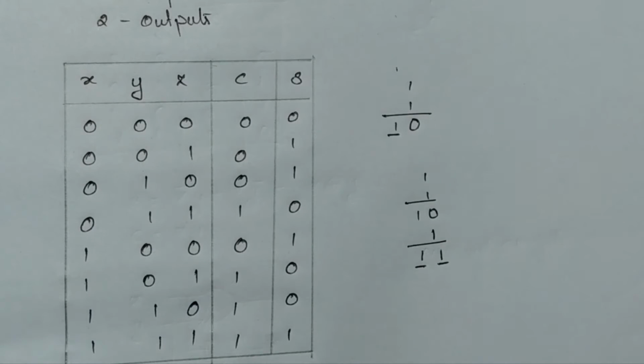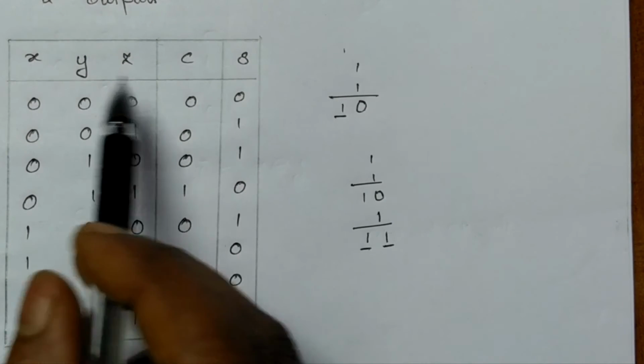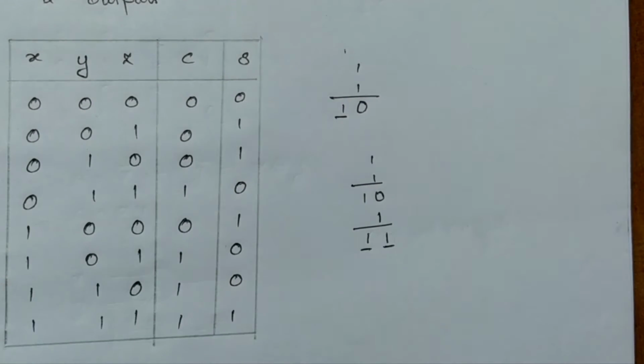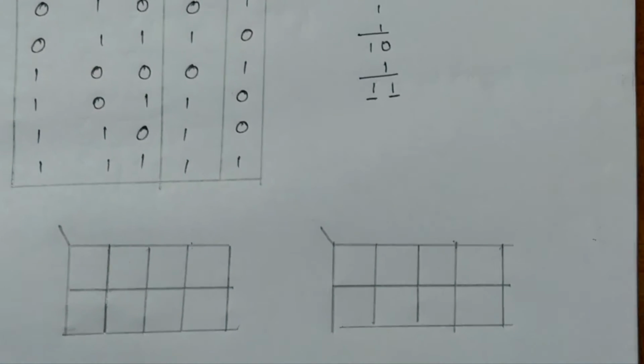Okay, so now we are going for simplification. Here we can go for K-map simplification to represent it. Here it's 3 variables, therefore I am going for a 3 variable K-map.